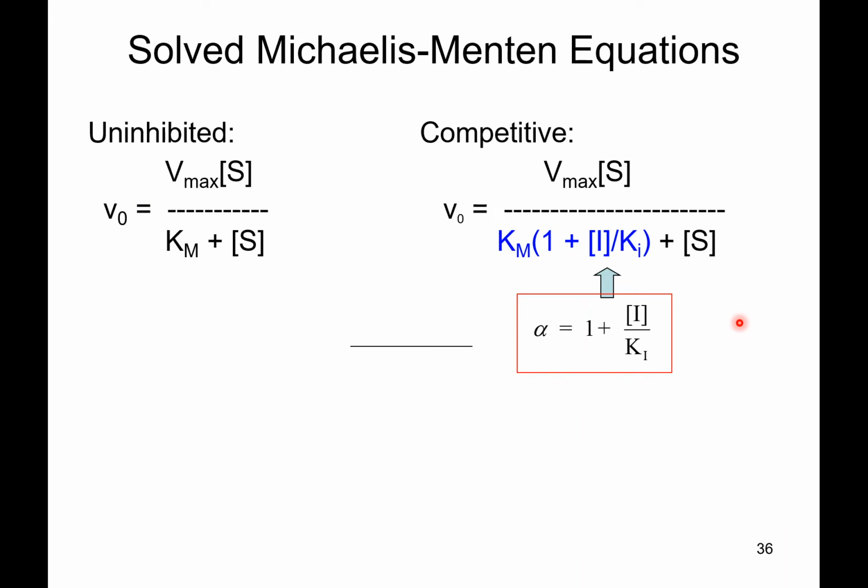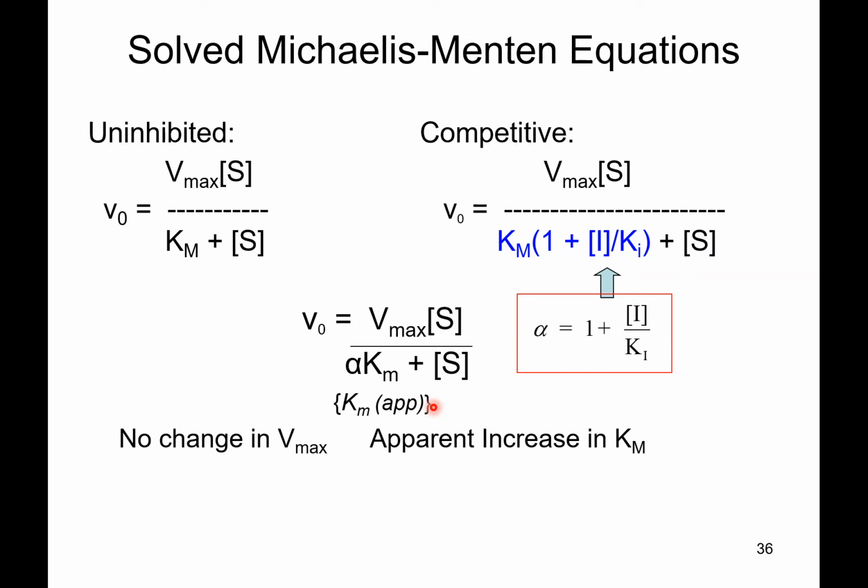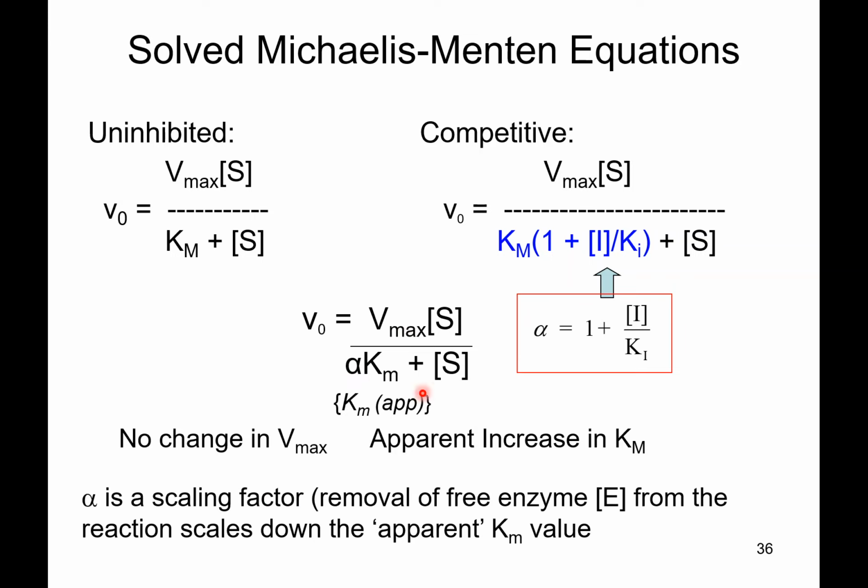And when we add this to a Michaelis-Menten equation, we put our alpha value in the bottom multiplied by Km. Okay, so our alpha term goes into here, so Km times alpha. And this becomes our Michaelis-Menten equation for competitive inhibition.